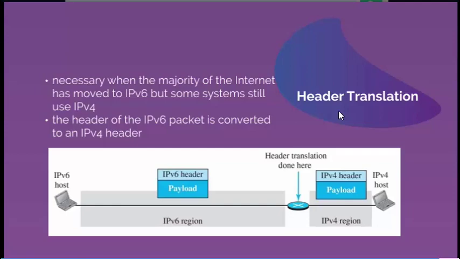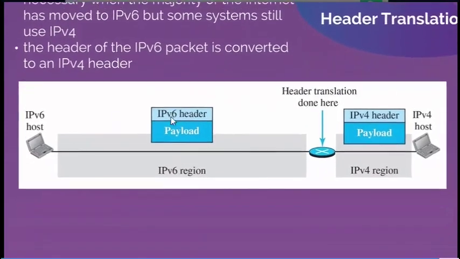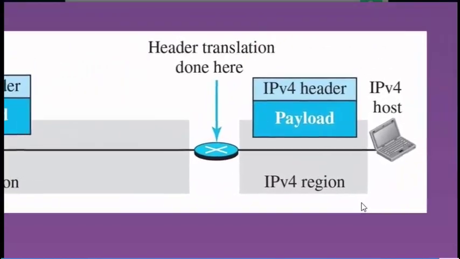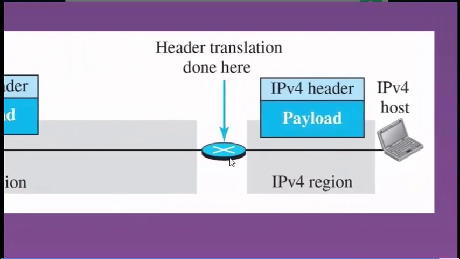As you can notice here on the screen, the IPv6 host contains the header and the payload, the packet. This is the IPv6 region. When it passes through a region where there's IPv4 only, it's going to be translated before it reaches here. Header translation is done here. Usually this is done in the router.